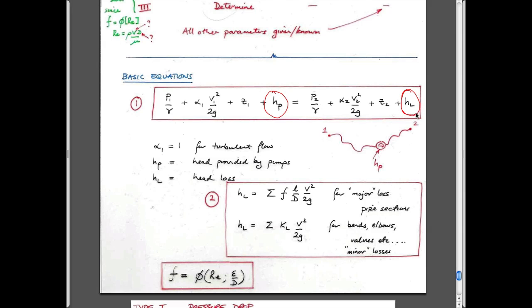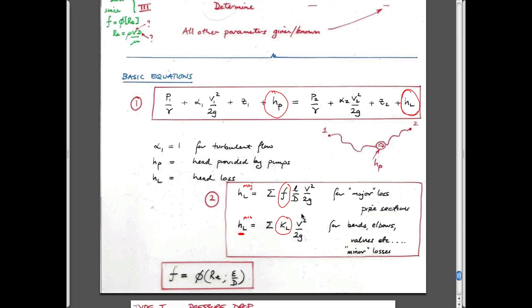The head losses are defined as a function of minor losses, which we've seen before in the previous example, the first example we talked about today, as a loss coefficient multiplied by a velocity head, and the major losses are defined as a friction factor, a length of pipe, diameter of the pipe, and velocity in the pipe.